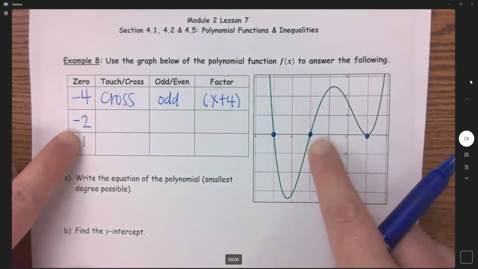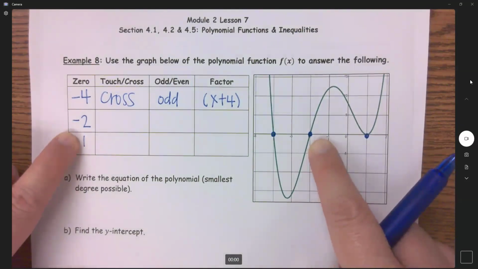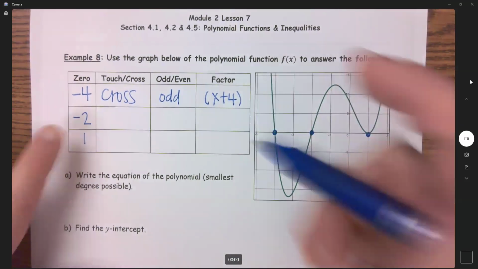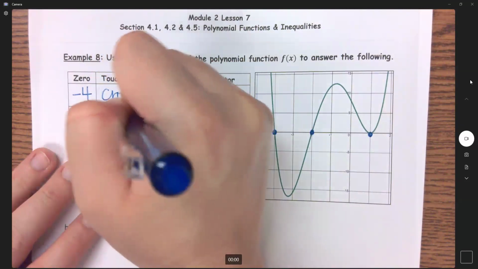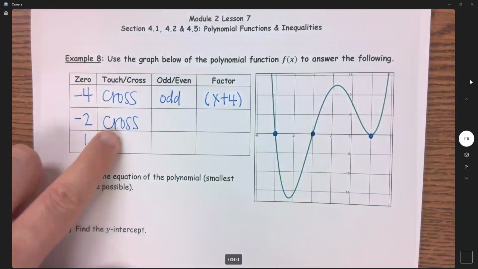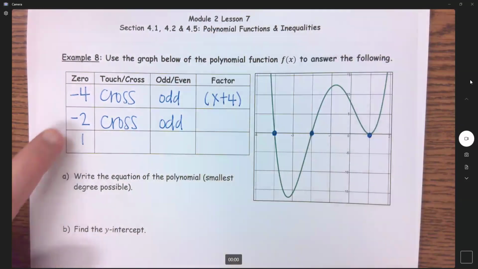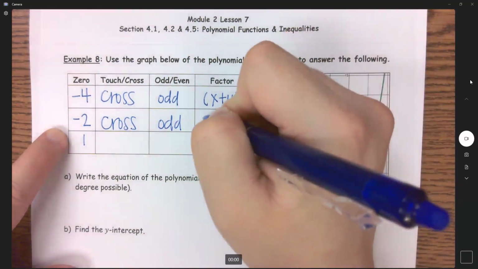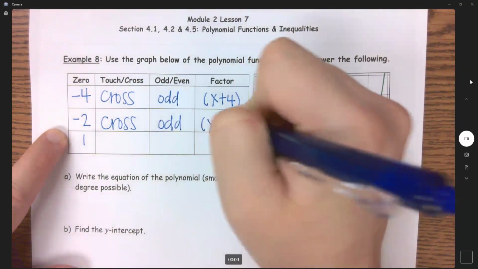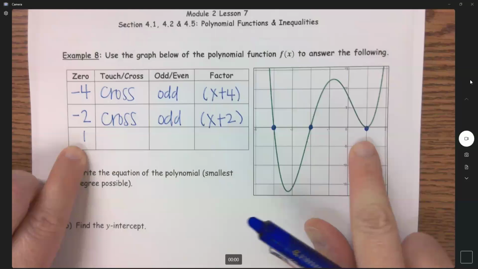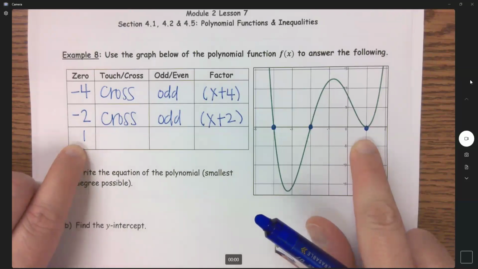Same thing here at -2. At -2, is this crossing or touching? That is crossing. It's crossing through at -2. So again, if it crosses, that means it is odd multiplicity. And so this in factored form would be x plus 2. And then here at 1, does this touch or cross the x-axis?